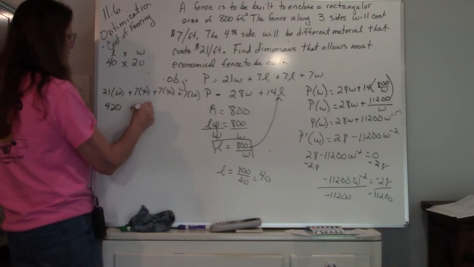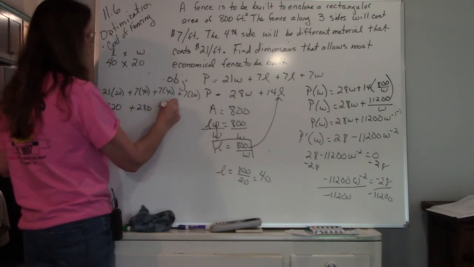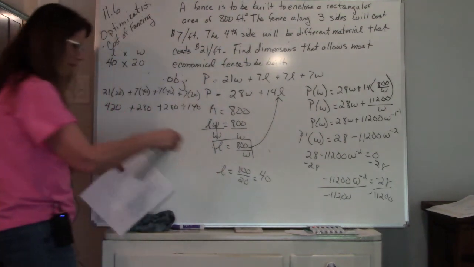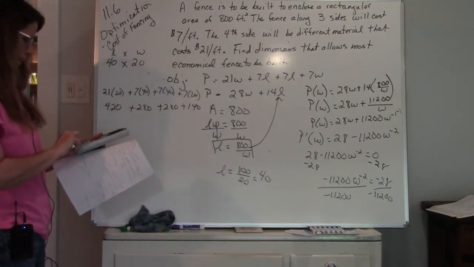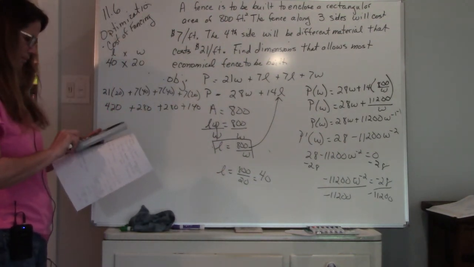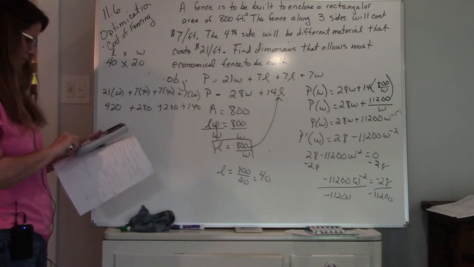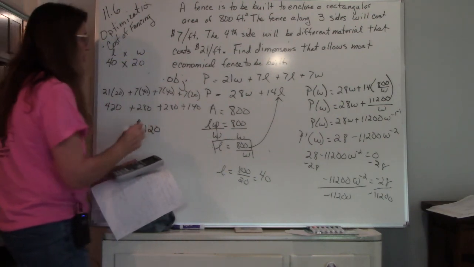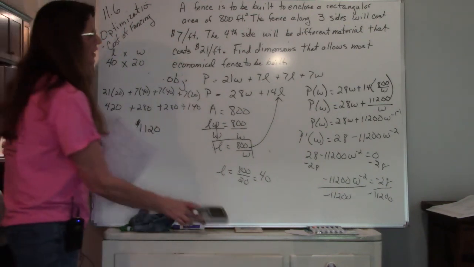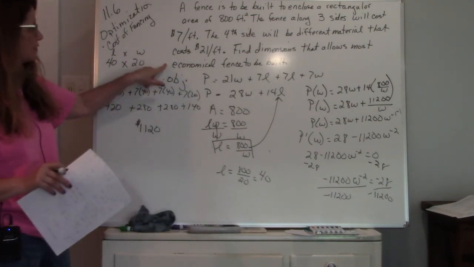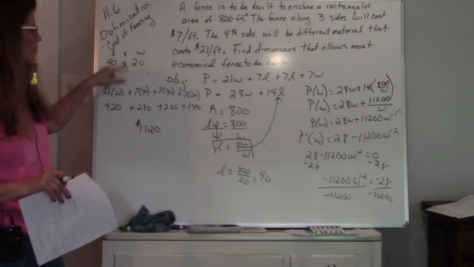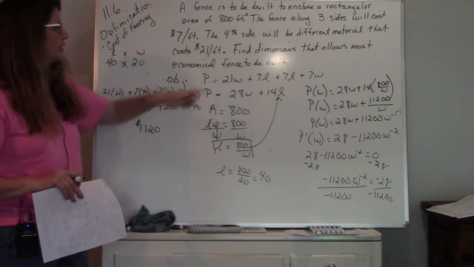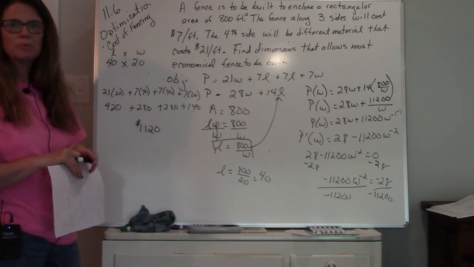Plus 280, plus another 280, plus another 140. So when you add those up, the cost is $1,120. So for this particular one, I didn't ask for the cost, I just asked for the dimensions. But if that came up, you could just plug your value into here for width and length and find what the minimum cost is.